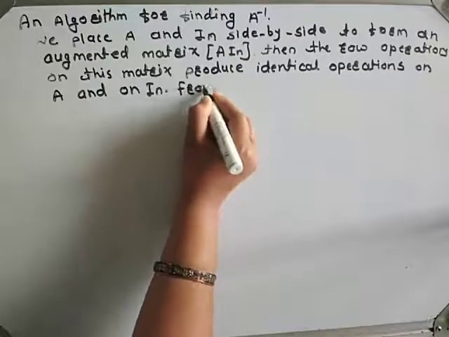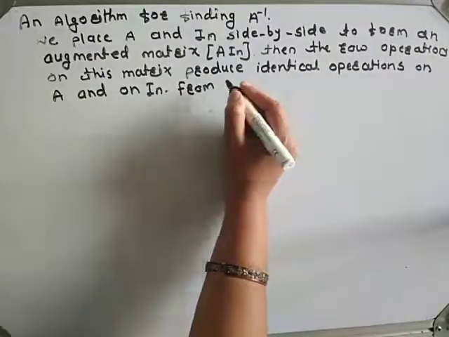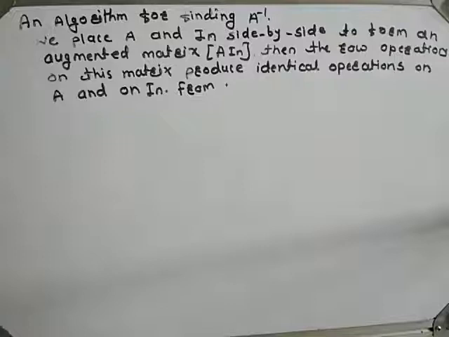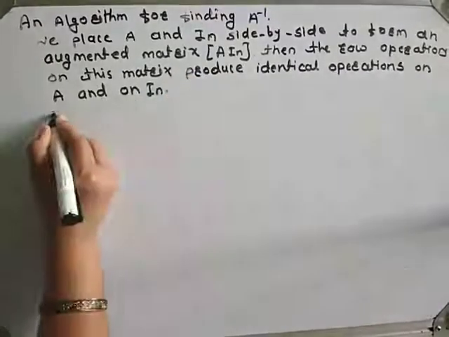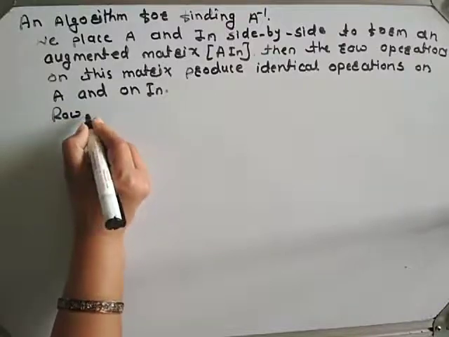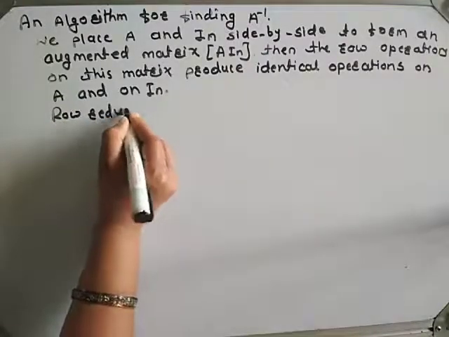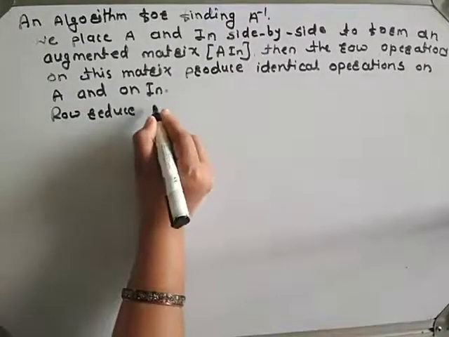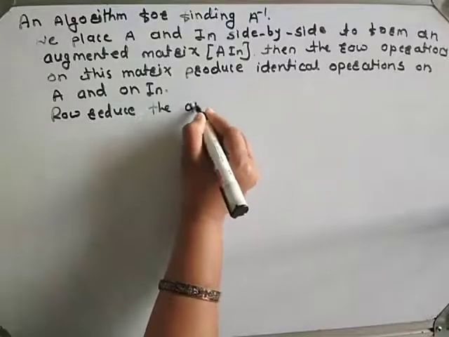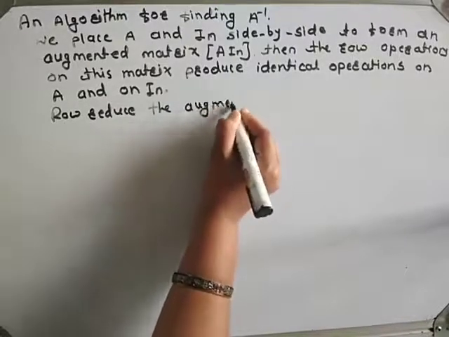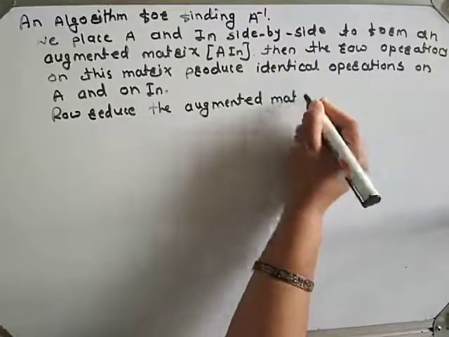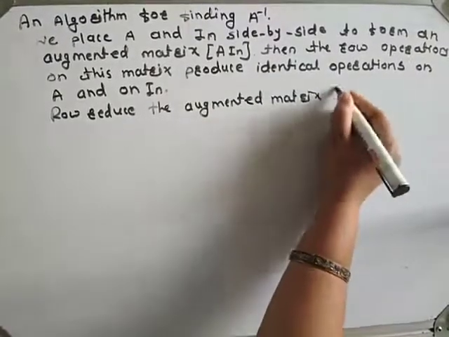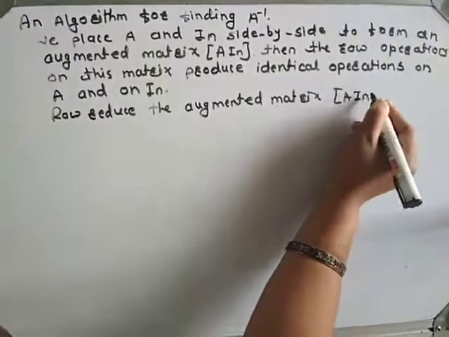From this, we row reduce the augmented matrix [A | In].